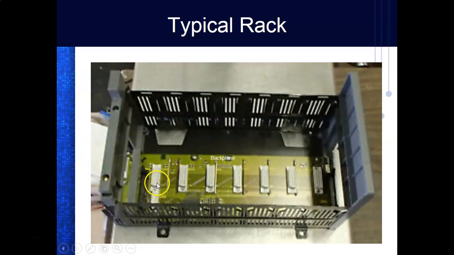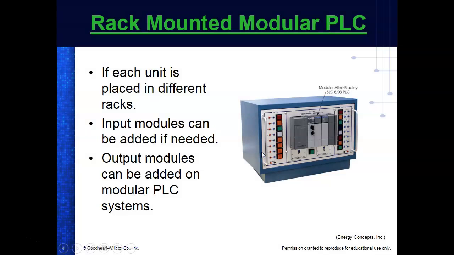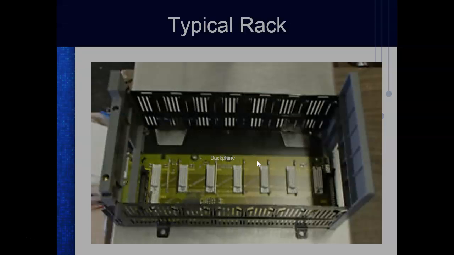And then the cards plug into these slots. This one, you see it's got two connectors on it. So this one is the CPU. The CPU would always have to go right here, and then you buy whatever cards you need. If you need inputs, you'd buy input cards. If you need A to D, you'd buy those cards. They come in different slot sizes. The one on this one right here would only have 4 slots available.